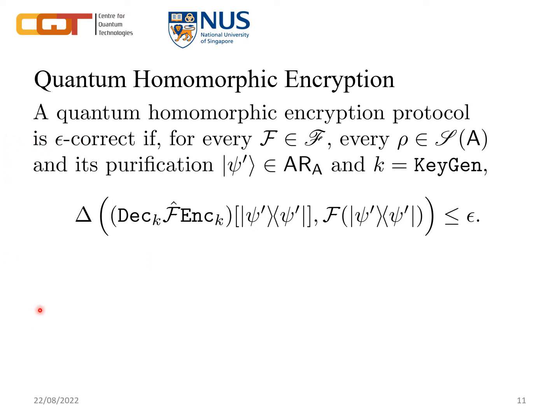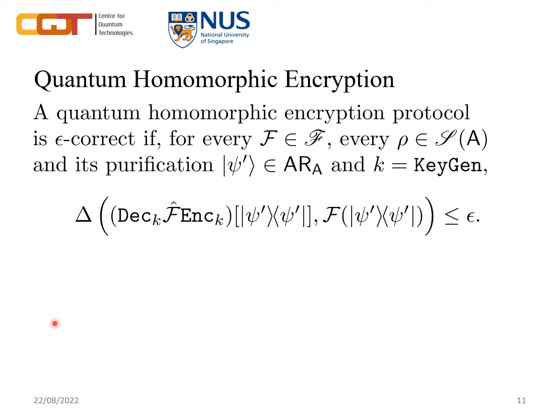For quantum homomorphic encryption to be meaningful, it needs to return the correct output. This means if we encrypt, evaluate a channel, decrypt, then it should be equivalent to directly applying the channel. This is quantified by a property known as correctness.